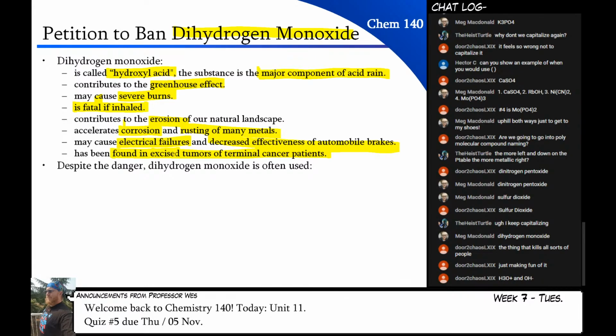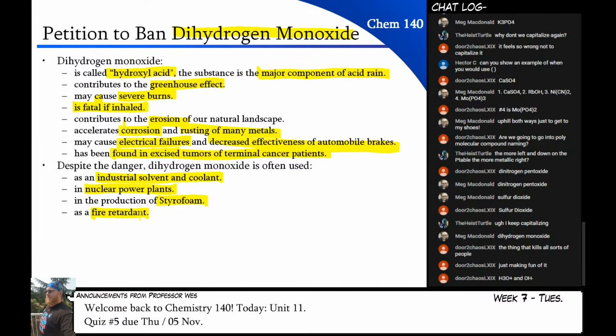Now, despite the dangers listed above, dihydrogen monoxide is often used in the following applications. We use it in industry all the time. We use it as a solvent and coolant. We use it in nuclear power. That's terrifying. We use it to make styrofoam, and we're environmentalists, so anytime we mention the word styrofoam, that's just bad, right? We use it as a fire retardant.